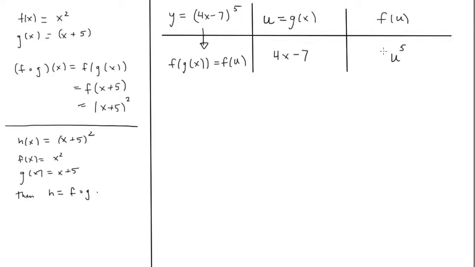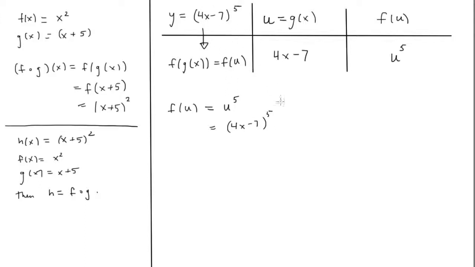Now let's just compute and make sure this makes sense. What is f of u? F of u is u to the fifth. And we said here that u is 4x minus 7. So I'm just going to substitute that for the u, and then the whole thing is still raised to the fifth.